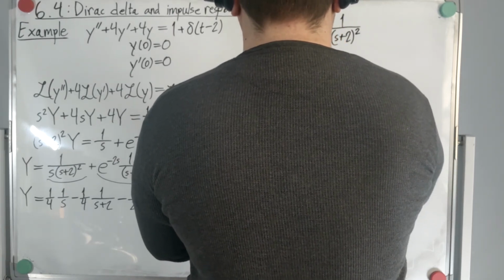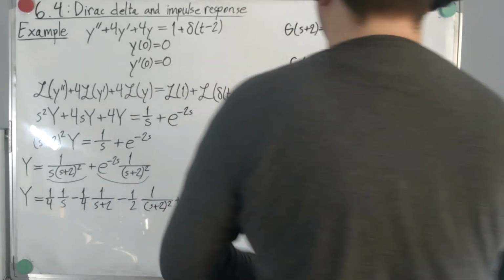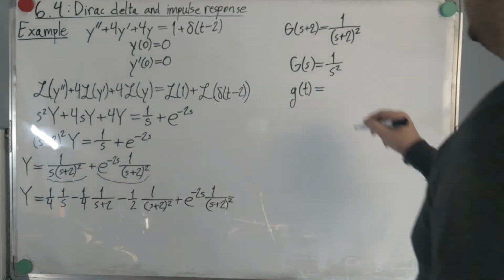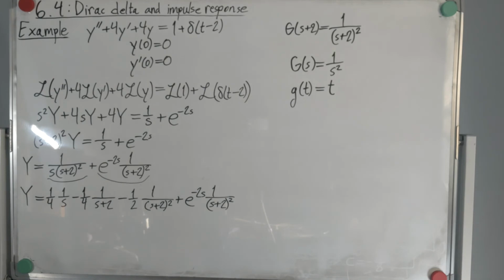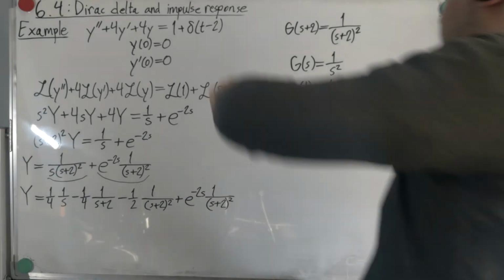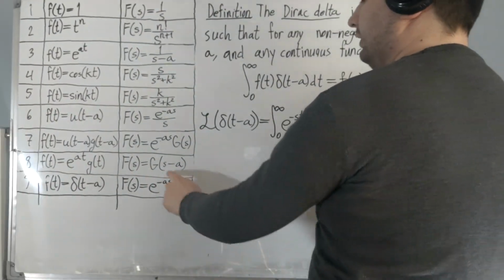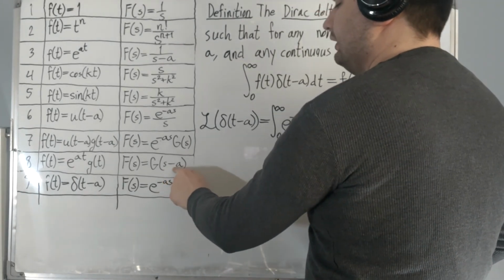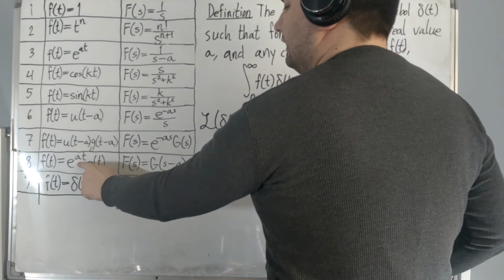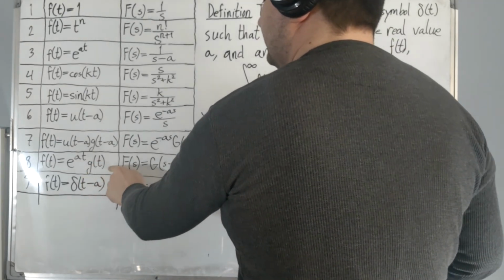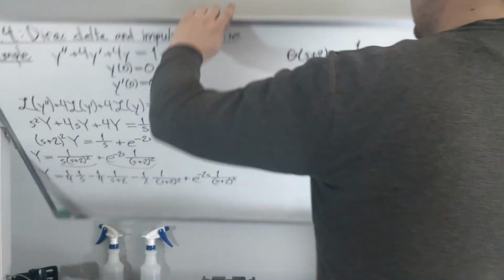And so then lowercase g of t, the inverse Laplace transform, is just going to be t. Now, we have G of s minus negative 2, so this is going to be e to the negative 2t times g of t.